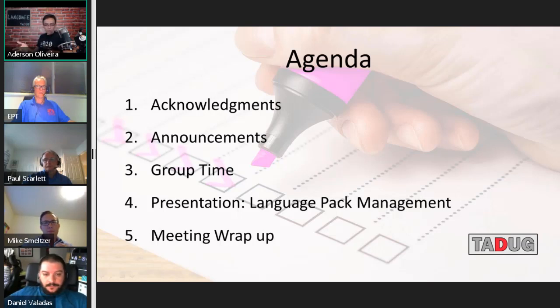Then we're going to go through the main presentation, which is about language package management: where to find them on the DNN Connect website, how to install them, how to manage that, and we're going to get all the ins and outs from Ernst Peter today. And then we have our meeting wrap up.